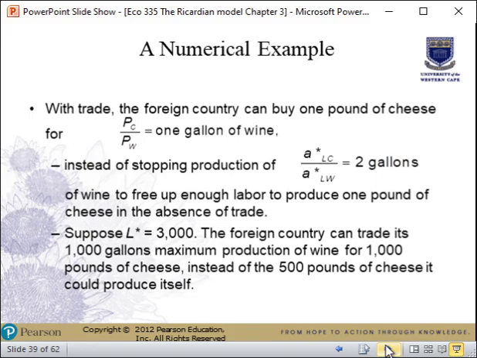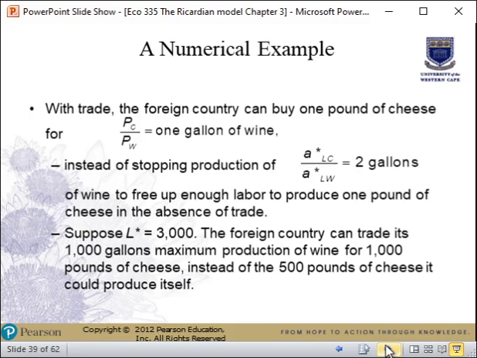On the other hand, the home nation can now exchange 1 pound of cheese for 1 gallon of wine, whereas before trade they had to forgo 2 pounds of cheese in order to free up enough resources to produce 1 gallon of wine. It is clear from this example that both countries mutually benefit from international trade through specialization.